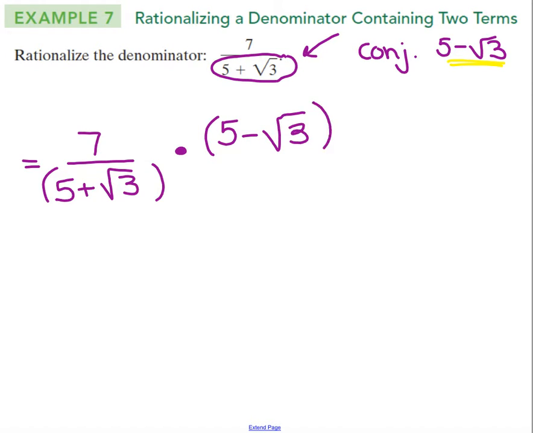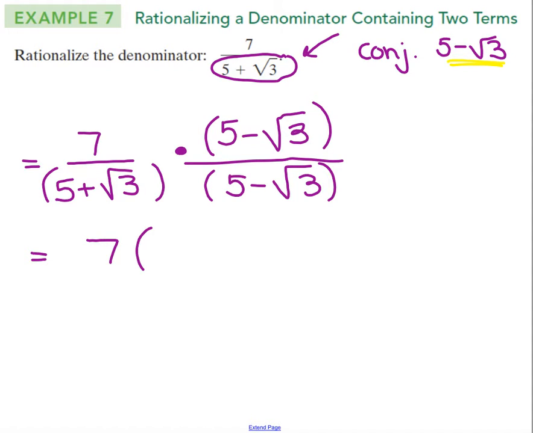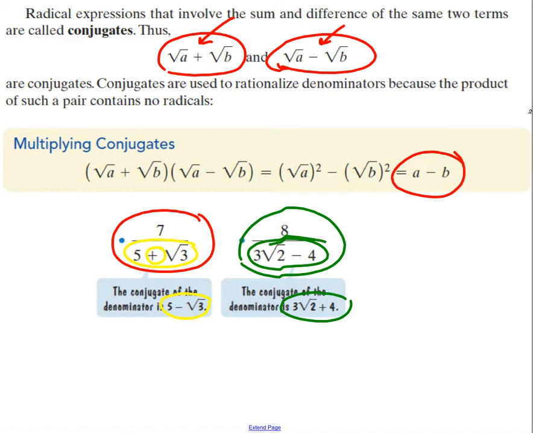So 5 minus the square root of 3 over 5 minus the square root of 3. Now we're going to multiply across. 7 times 5 minus the square root of 3. So I'm multiplying across.